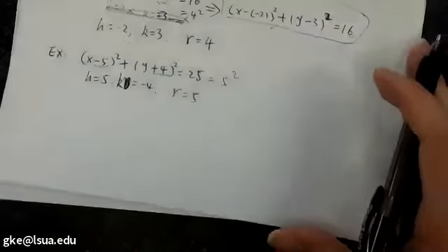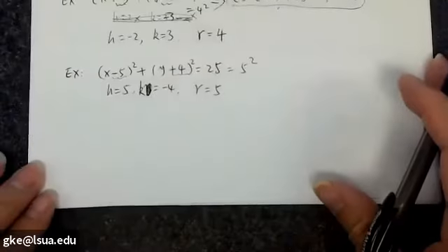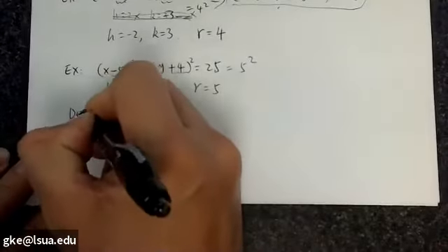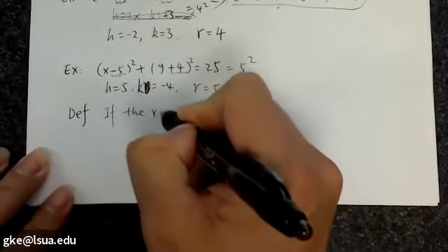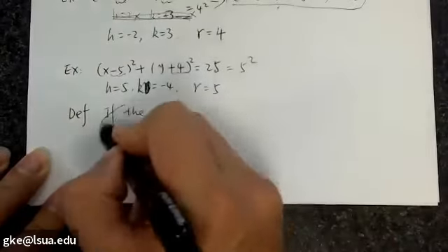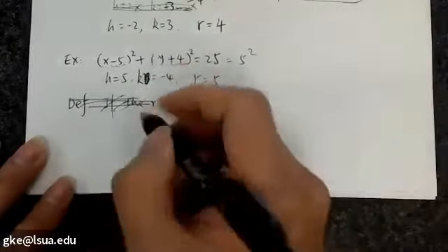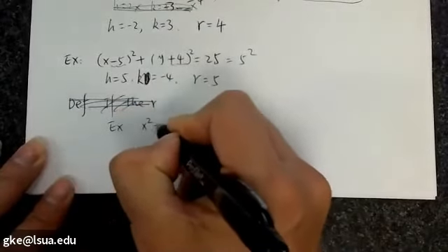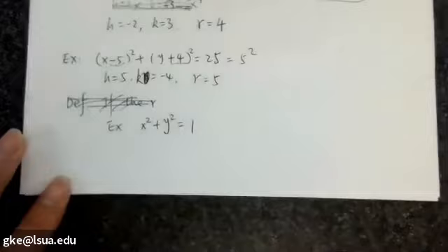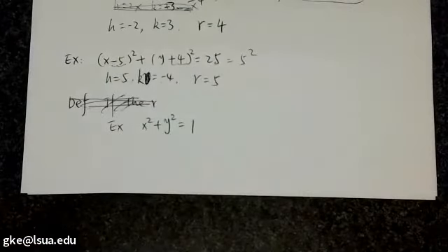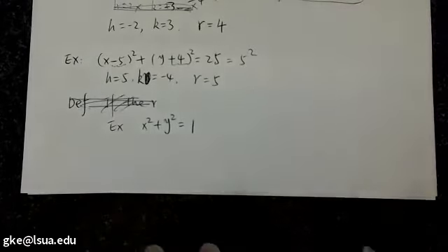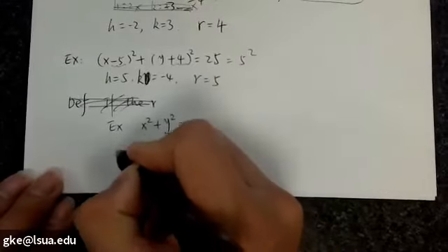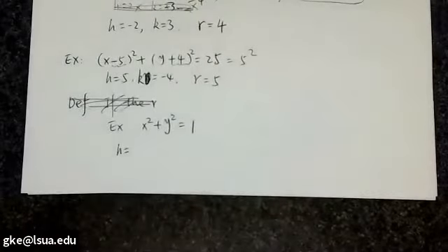Definition: a unit circle. Okay, I'm going to write down this one first. This is a very special case. If I give you a circle equation that is x squared plus y squared equals 1, what is h for this one? It's 0.